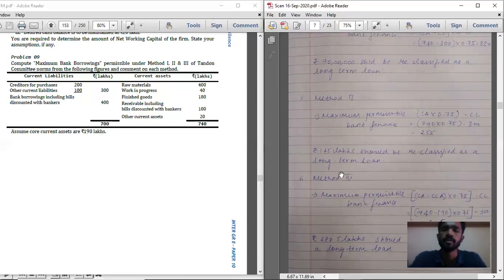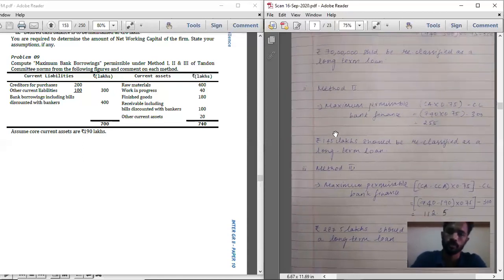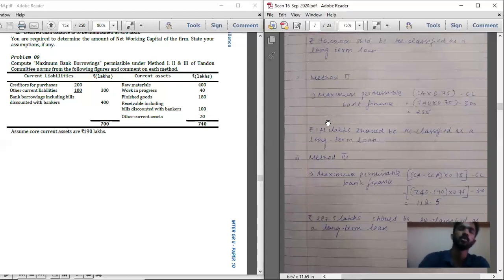So below that, small Roman number 2, in respect of that method 2. Below that, put an arrow mark, maximum permissible bank finance. What is the formula?